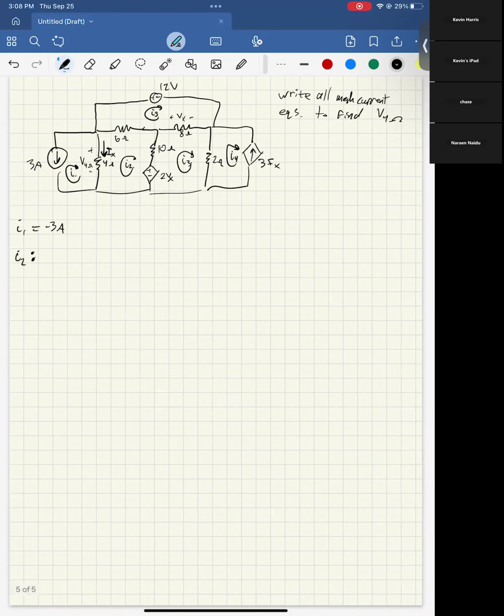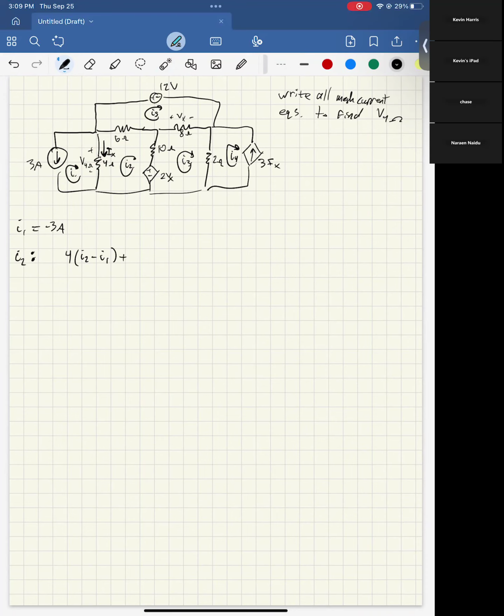We're going to have, just as before, 4 ohms times, since we're in the I2 loop, I2 is positive. So it's going to be I2 minus I1, right? Because we have I2 going up, I1 going down, because that's how they're defined. So we have I2 minus I1.